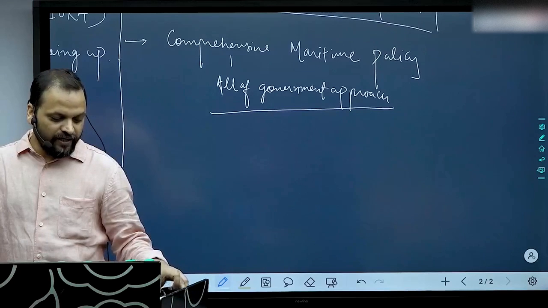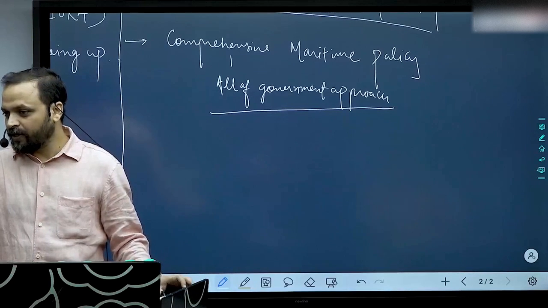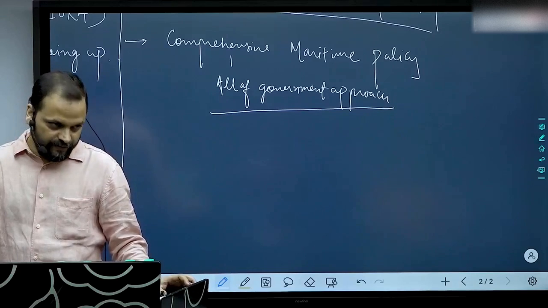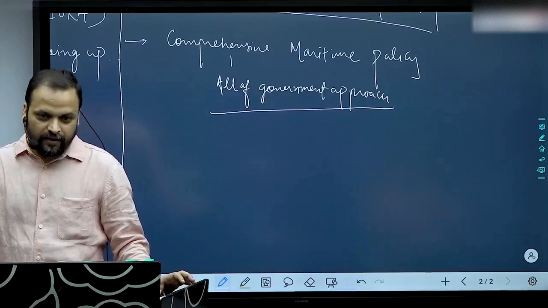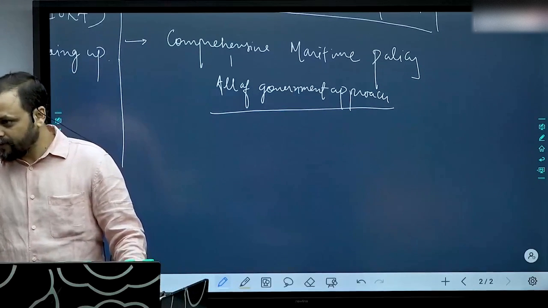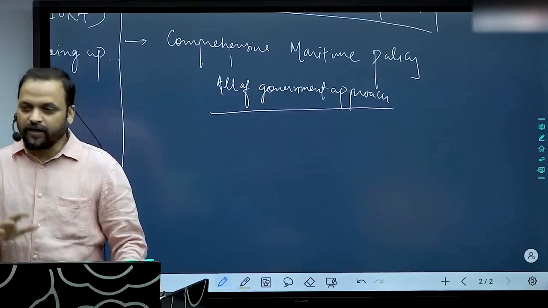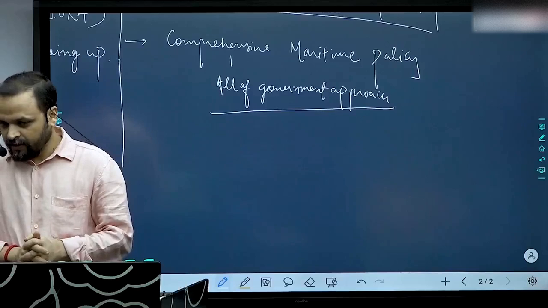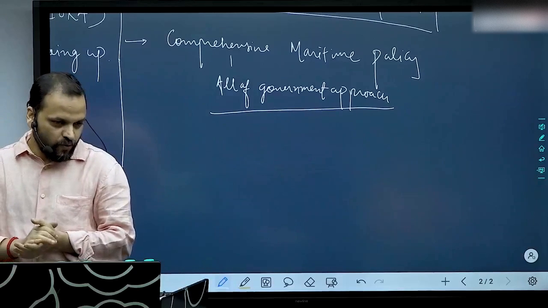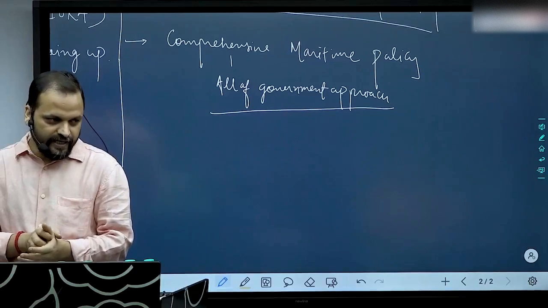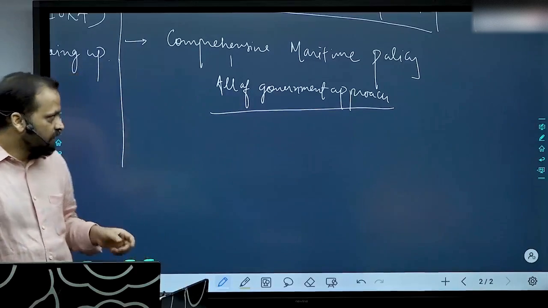So India has appointed a National Maritime Security Coordinator. All right? National Maritime Security Coordinator has been appointed by the government under the National Security Council. So this is basically moving in that particular direction.